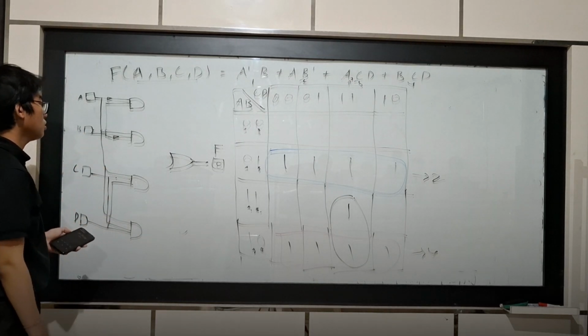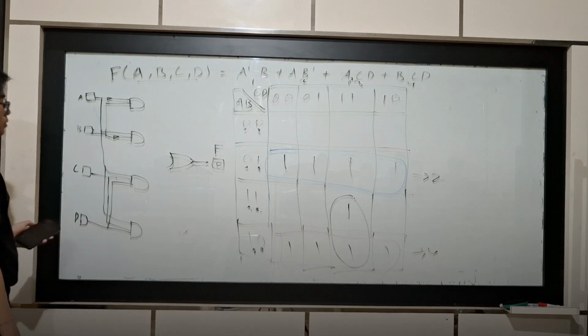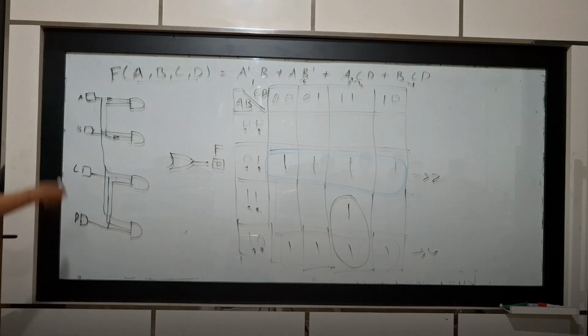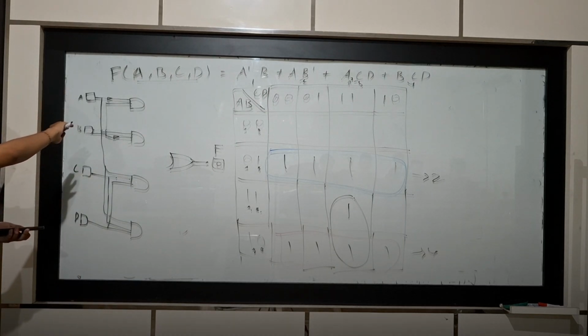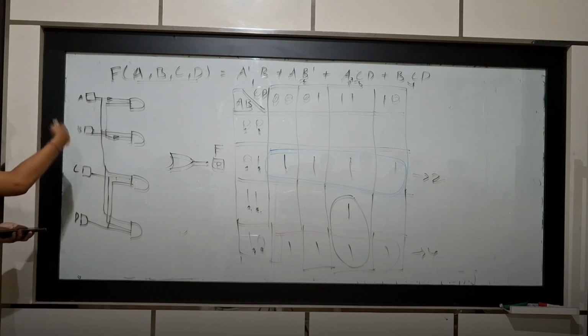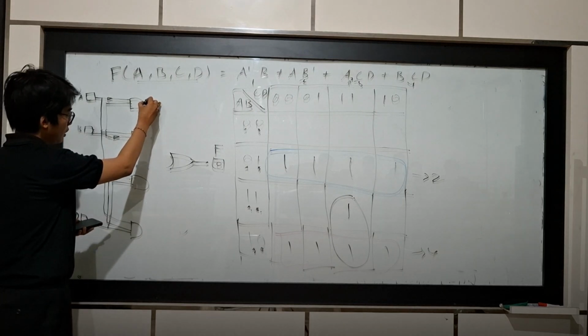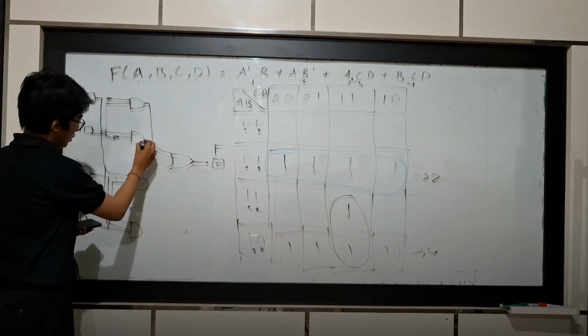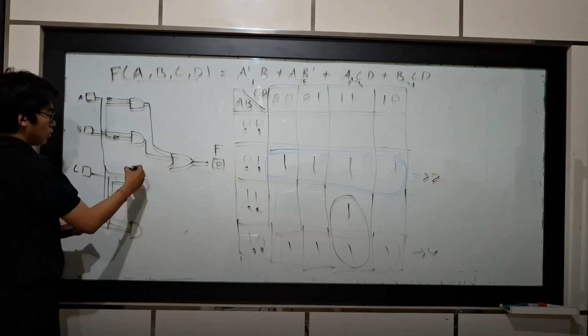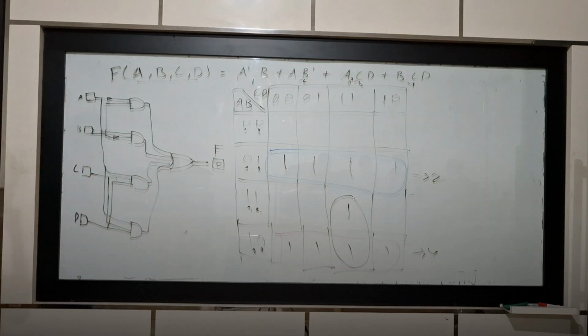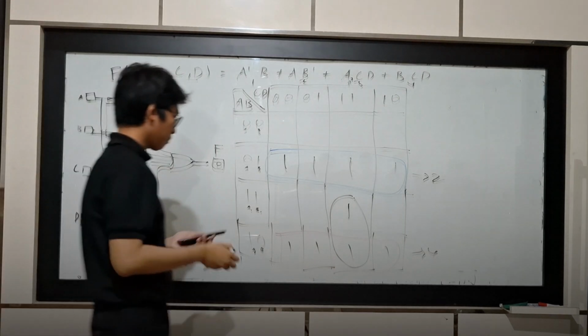So it's not that clear, but at least the AND gates are clear, and then we're going to connect all of these AND gates to this OR gate, and then for this OR gate we just make it like this. So the circuit of this problem is like this. Okay.